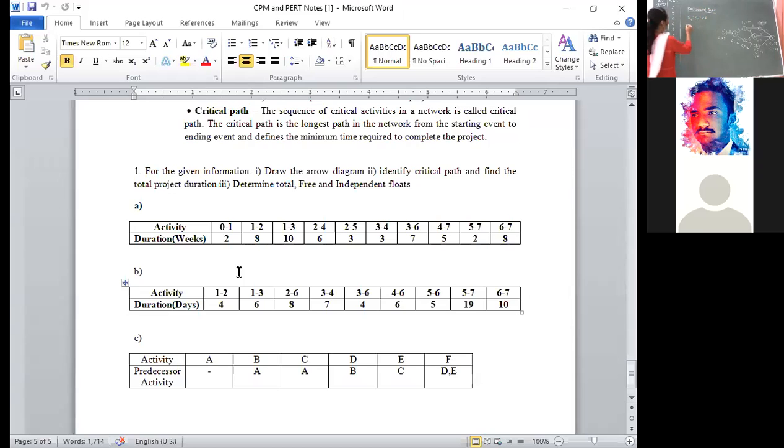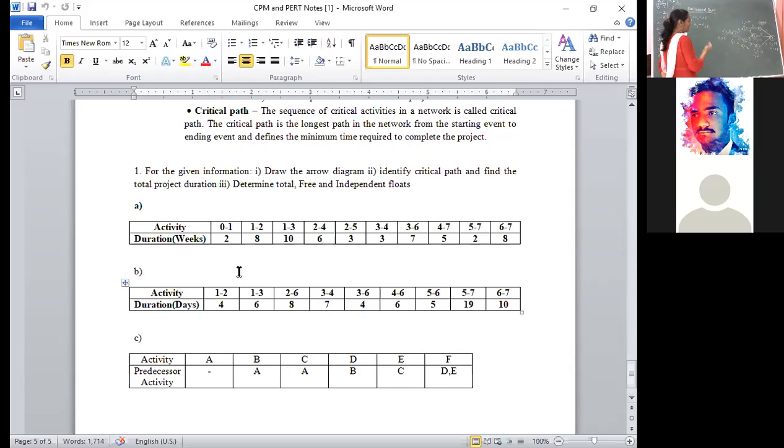Next, we need to calculate L6. Vice versa, you have to see. For 6, it is coming from 7, correct? Backward pass. That's why, what is the value we have to write? L6 is equal to L7 minus T67, the time duration. In forward pass, addition will come.